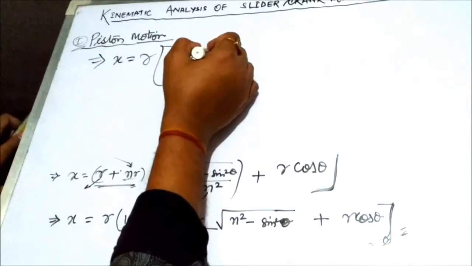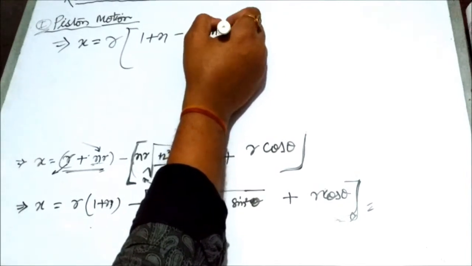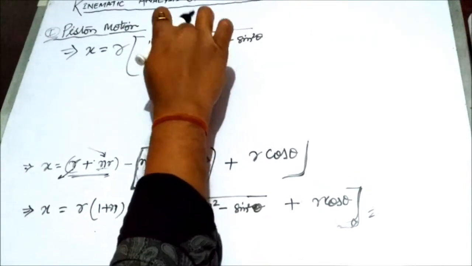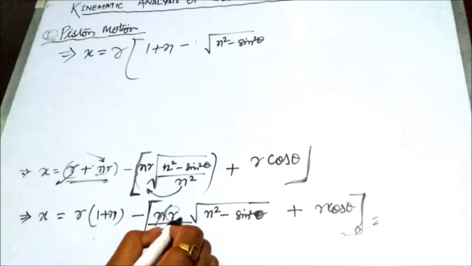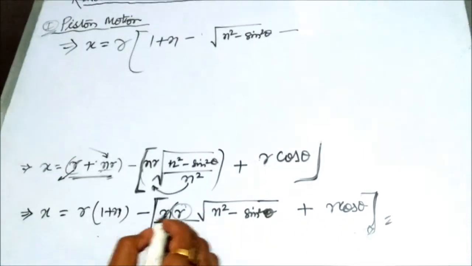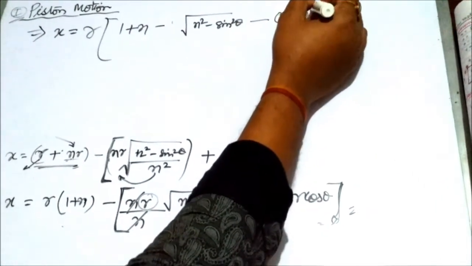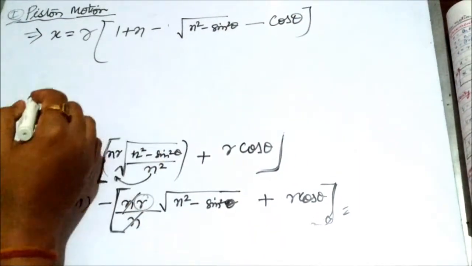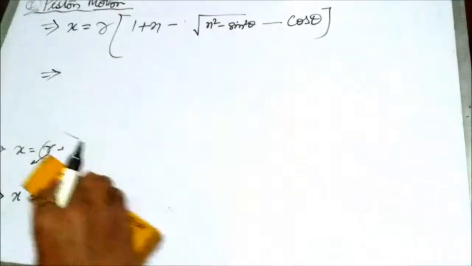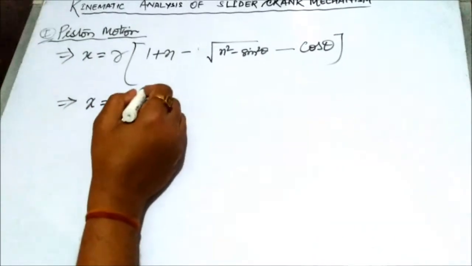Now x, we will simplify this and we will get x is equal to R times 1 minus cos theta, and here we get n minus root under n square minus sin square theta. Okay. Now this is right.